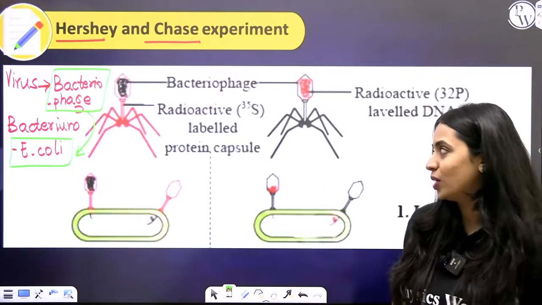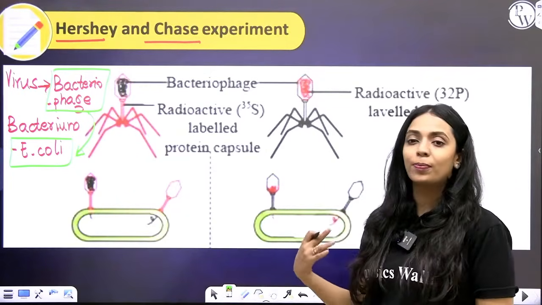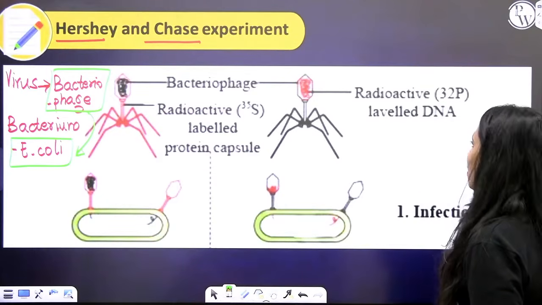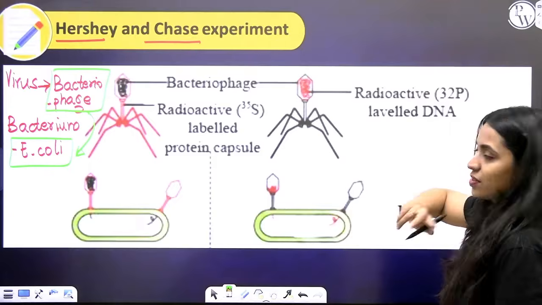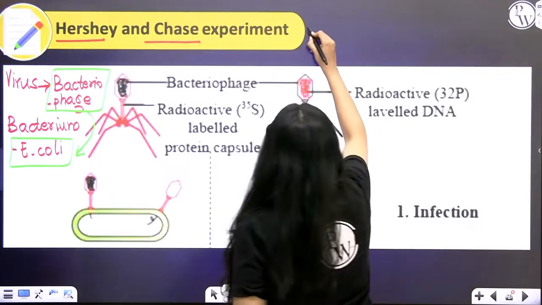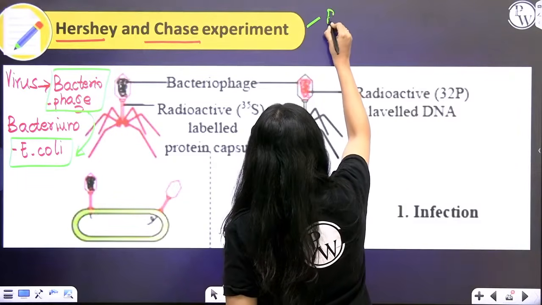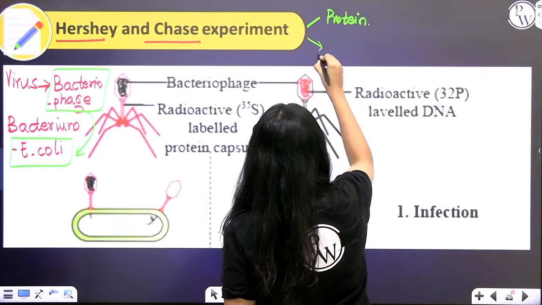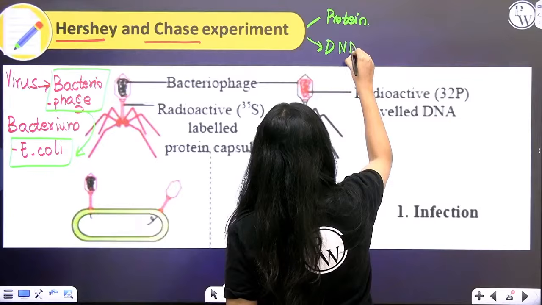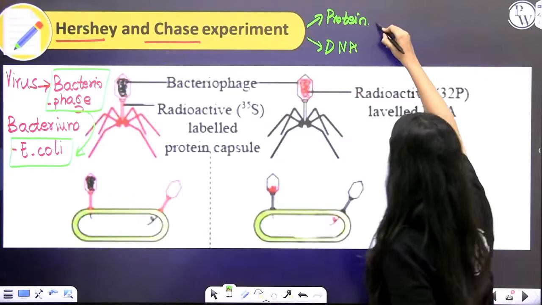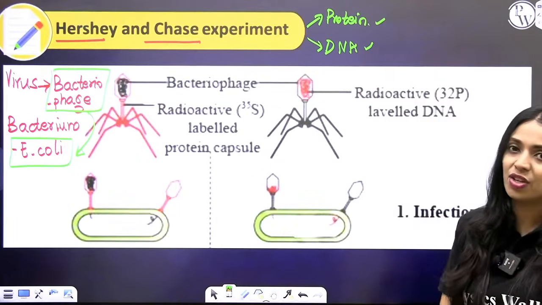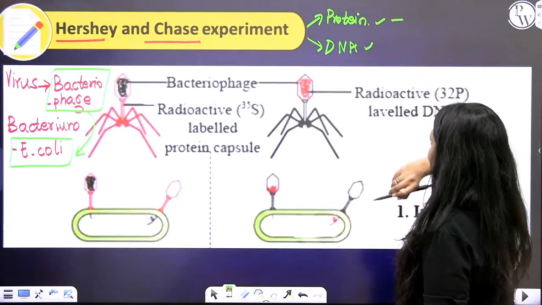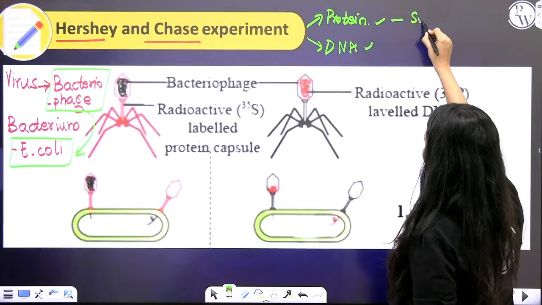They performed radio labeling of certain components in viruses. They took these bacteriophages. In bacteriophages, in viruses, you have two components. You have an outer protein coat. Inside that, you have the genetic material DNA. Now we have to find out, is the protein the genetic material or is DNA the genetic material? Protein will contain amino acids like methionine that contains sulfur.